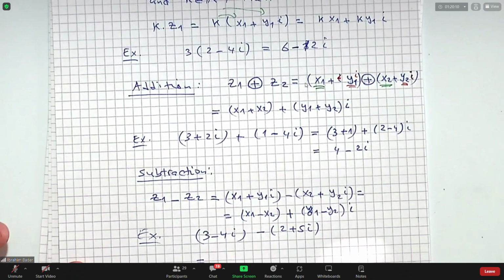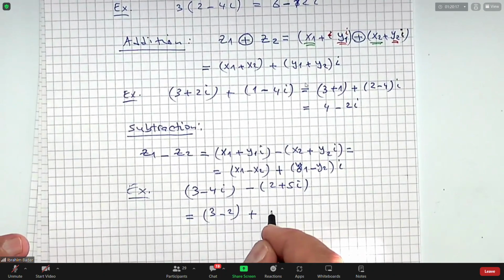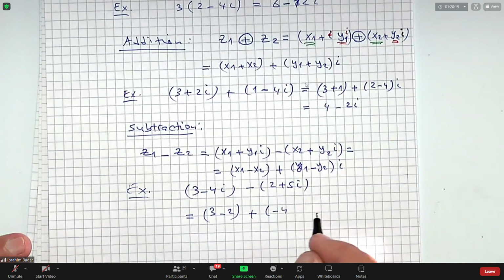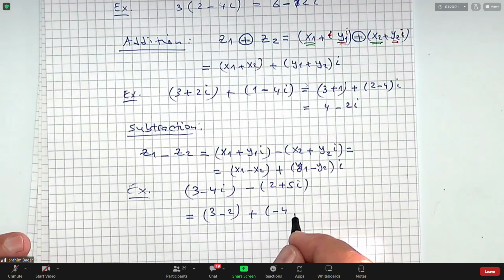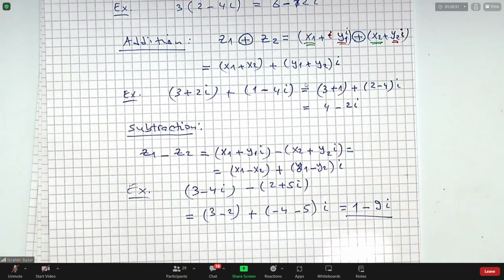This is equal to 3 minus 2 plus minus 4 minus 5 times I. It's 1 minus 9I. Okay, so addition and subtraction are actually straightforward. It's not that complicated. Multiplying with a scalar or a constant is also straightforward.